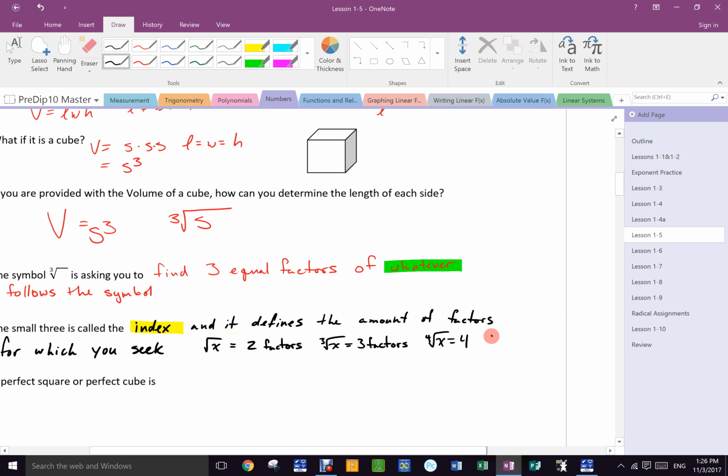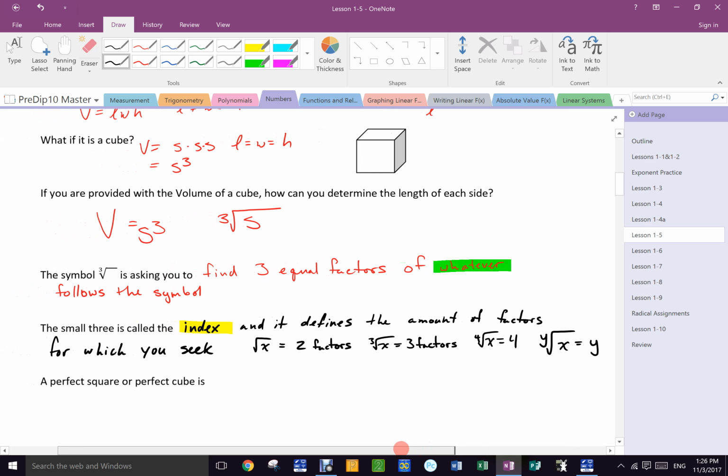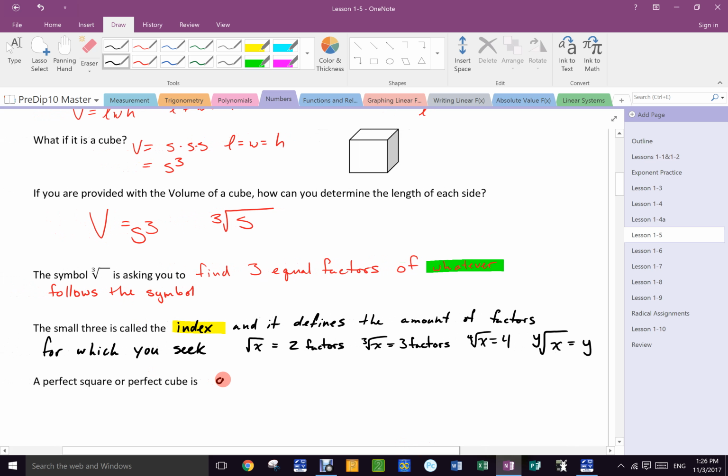Before you make mistakes for it, they're not perfect. Equals y factors. Oh my gosh, you're gonna break something. Any real number would know that.